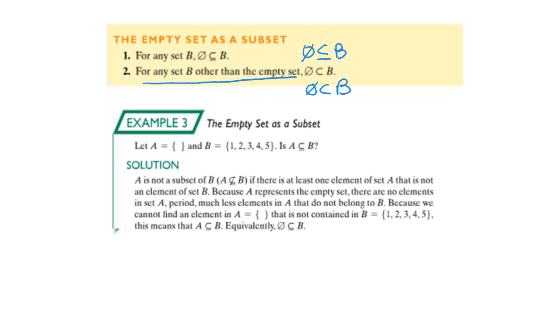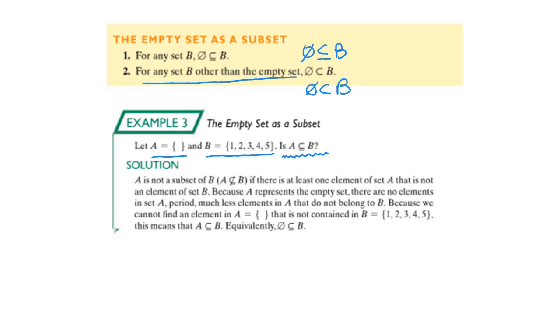It says let A equal the empty set. There's set A. And set B is 1, 2, 3, 4, 5. The question, is A a subset of B?